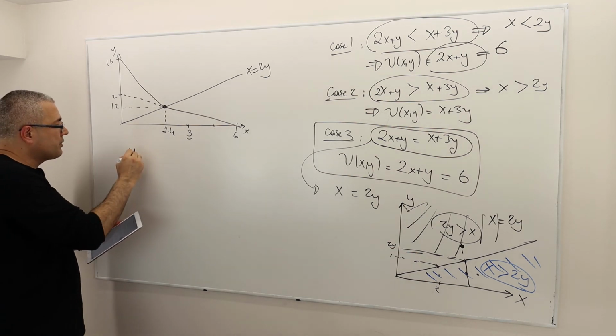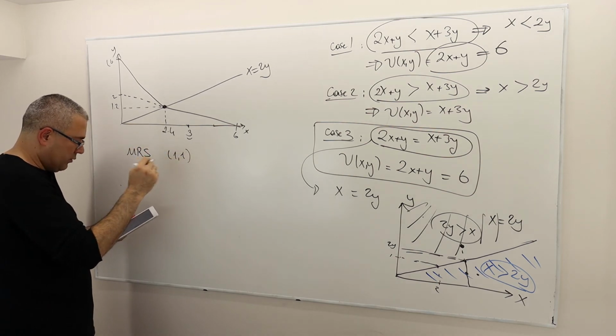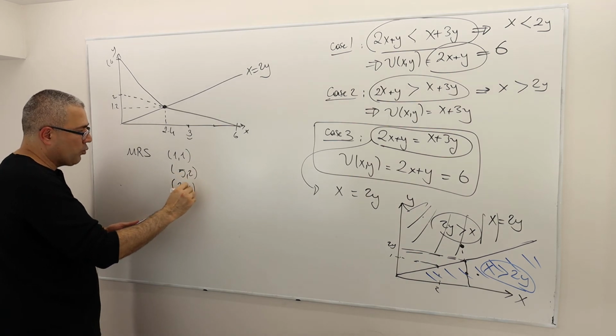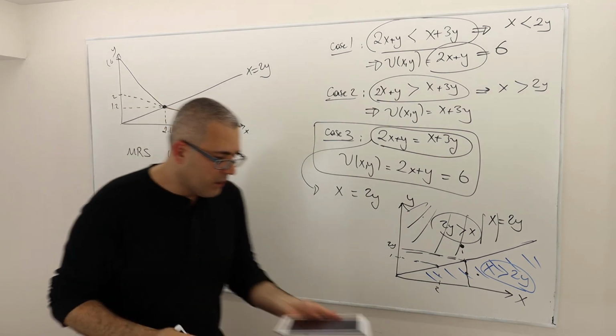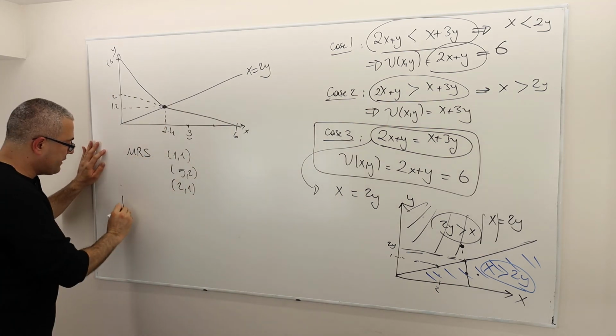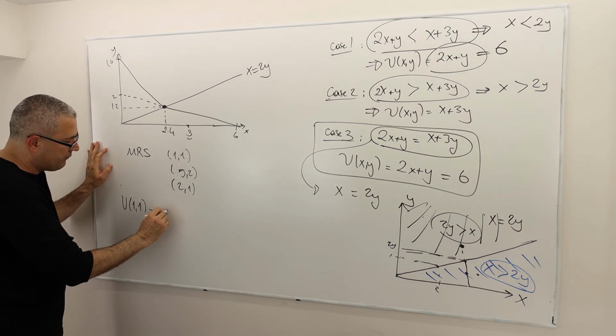So what is the marginal rate of substitution when the bundle is 1, 1, when the bundle is 5, 2, and when the bundle is 2, 1? Okay, so when the bundle is 1, 1, what is the utility of 1 and 1? Well, it's the minimum.